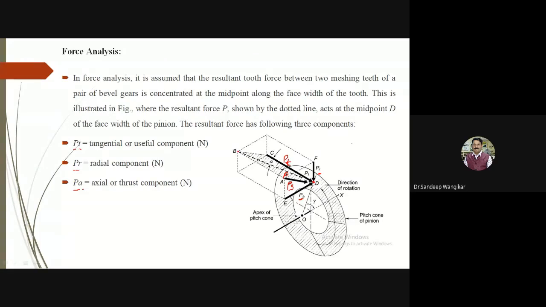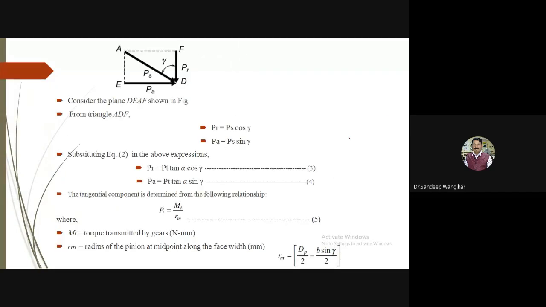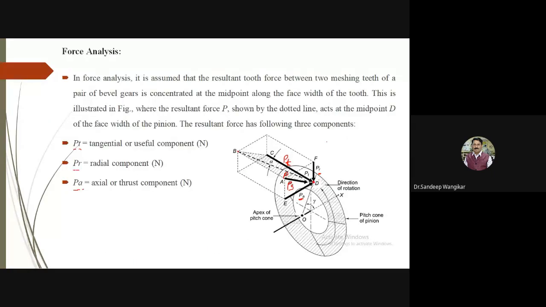Now in the next two diagrams we will be considering, you can see A, B, C, D. This is one plane which is shown, and again we can consider the plane A, F, D, E. From this we can get the relation between PT and PS, and finally find PR and PA by using the PS relation. So in this way we will proceed.